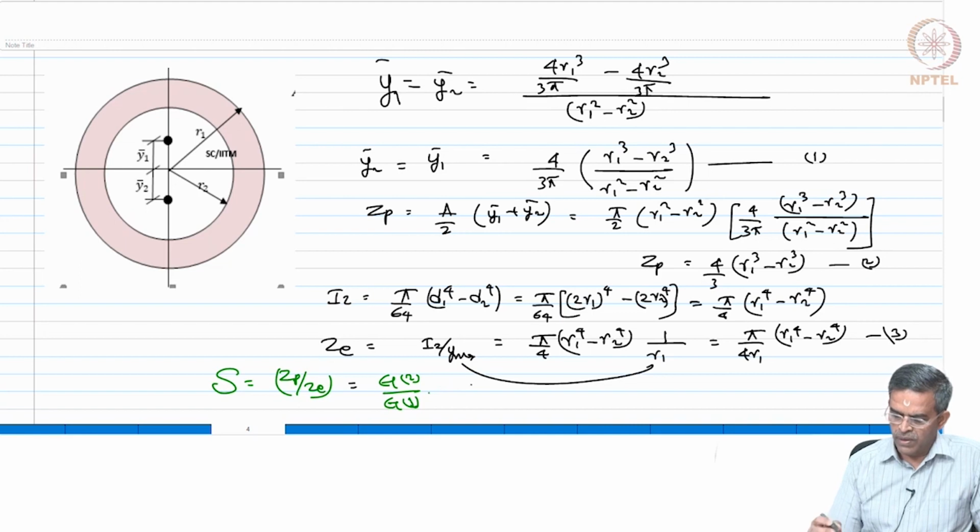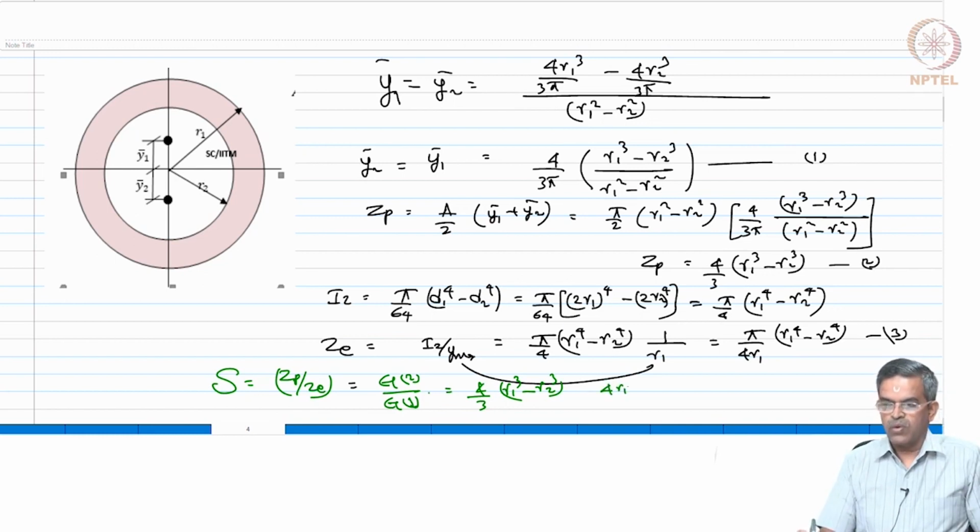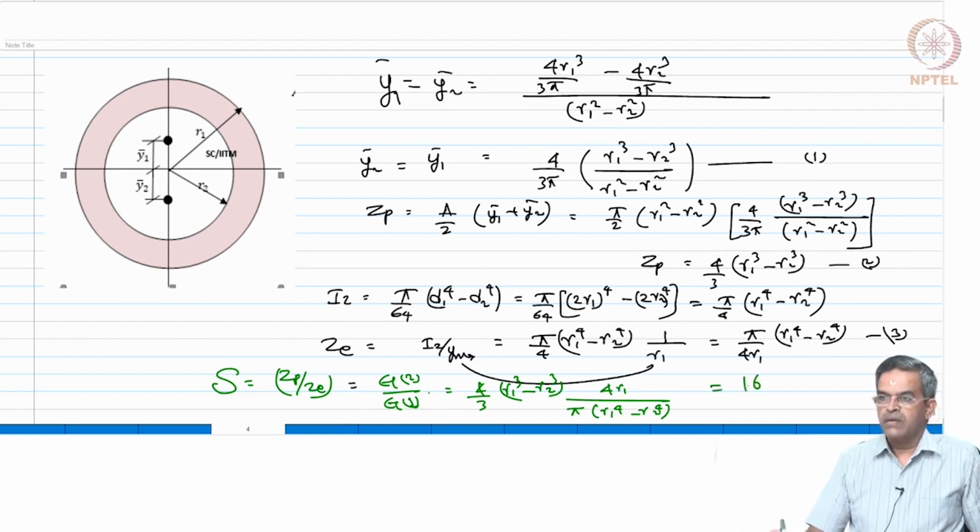Which you simplify, which will be 4 by 3 (r1 cube minus r2 cube), divided by pi by 4 r1 times (r1⁴ minus r2⁴), which will become 16 r1 by 3 pi of (r1 cube minus r2 cube) by (r1⁴ minus r2⁴), right.